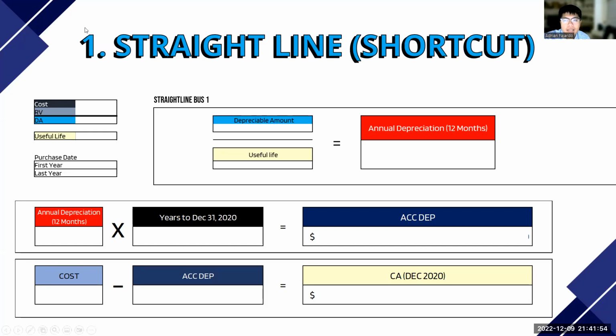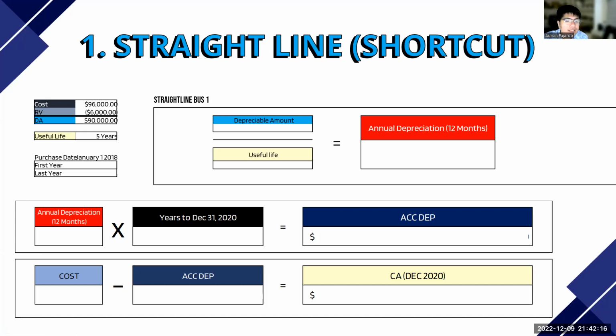The shortcut method is this. First, identify the cost, which is 96,000. Next, what was the RV given or residual value? 6,000. So we know that the depreciable amount is 90,000. Now, what are the other terms given? The useful life was 5 years. It was purchased January, so it's not a mid-year purchase.